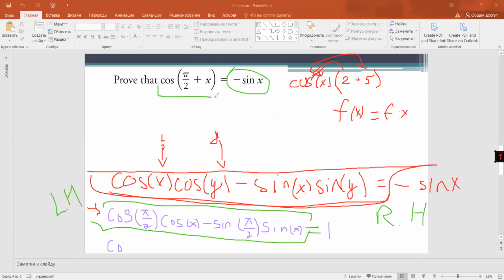The left-hand side is cosine of the sum of two angles, and we used the addition identity to rewrite it as a difference of the product of cosines and the product of sines. Yes, Safa, exactly. It would be minus sine x.